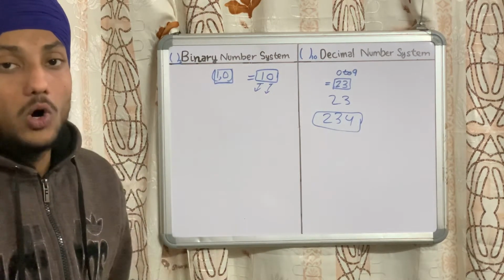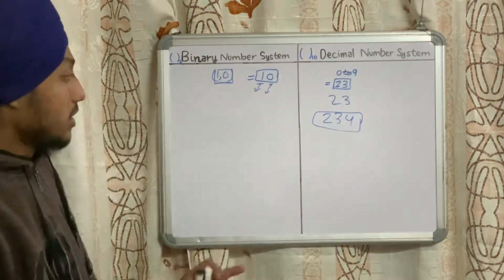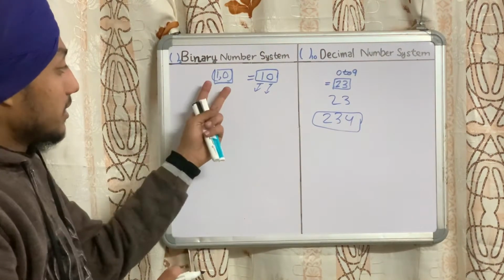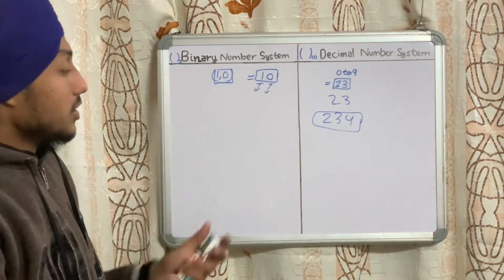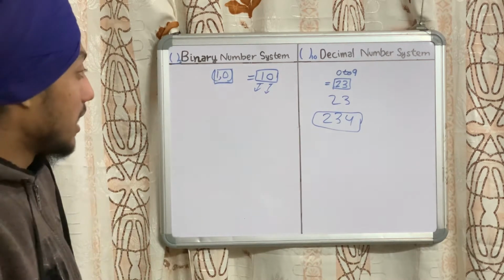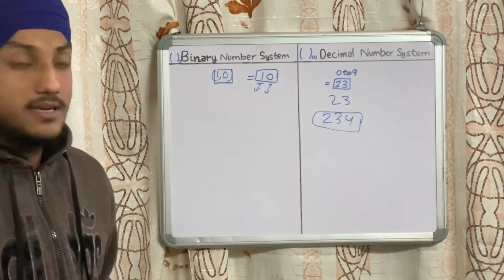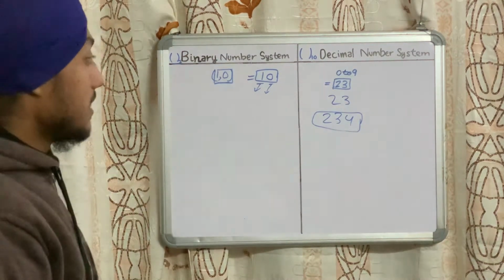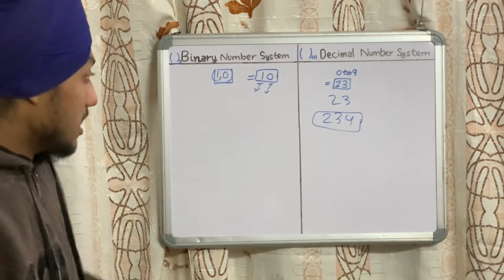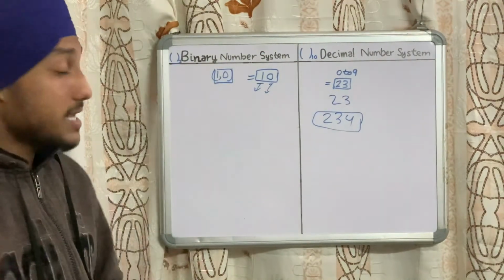Here we have defined only 1 and 0, so we call it 1 and 0. This is the concept we are going to use for explaining our binary and decimal number systems.